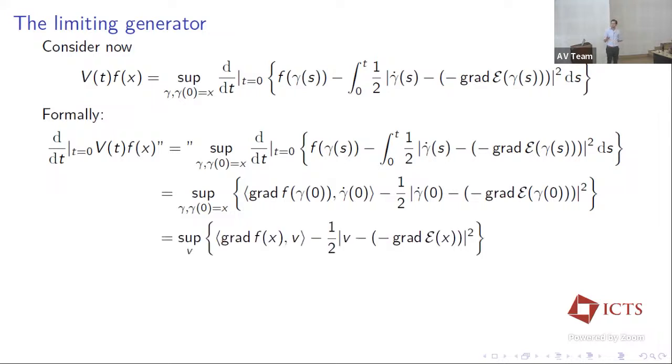I get this object. This is a Legendre transform in V. And if I carry that one out, I get indeed the operator that I wanted. If you want to compute this, it's a quadratic optimization problem, not very hard. So indeed, we see that these Hamiltonians converge, and this corresponds to the large deviation principle.